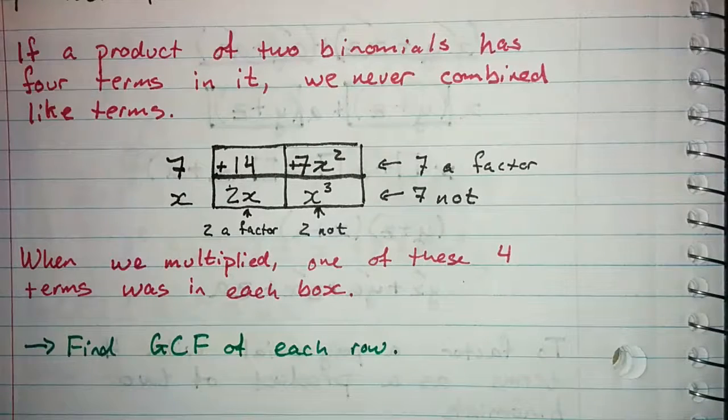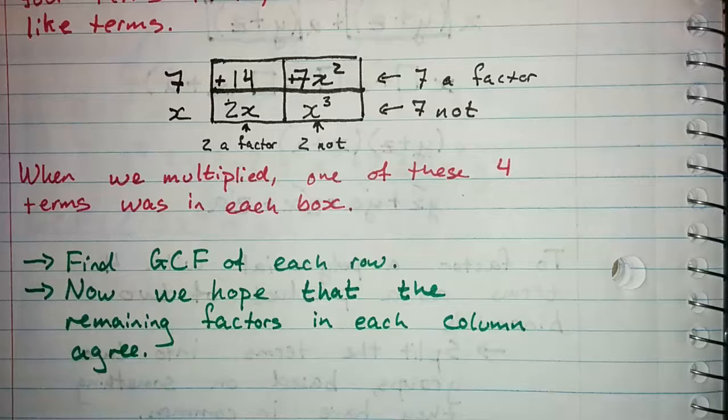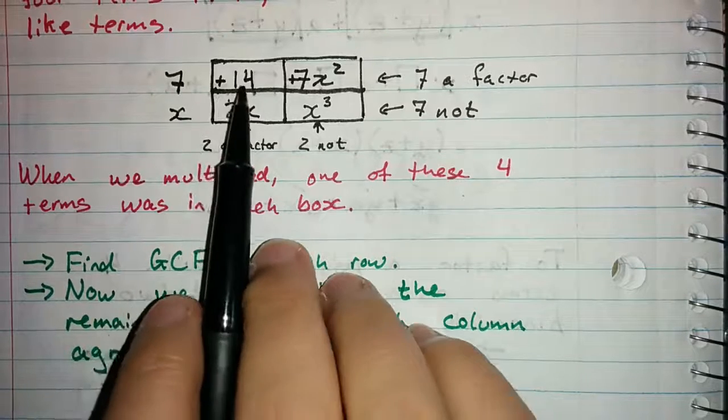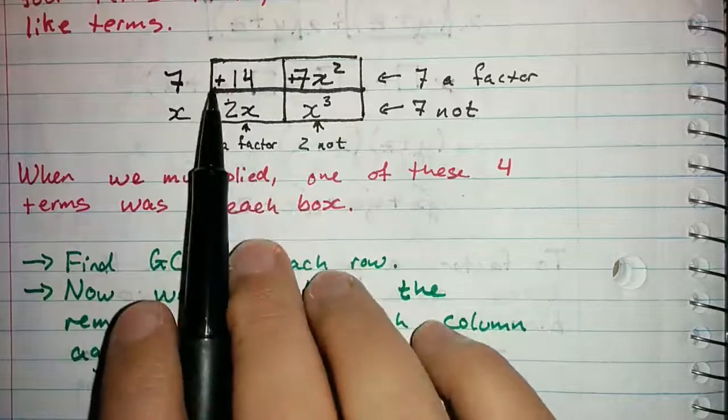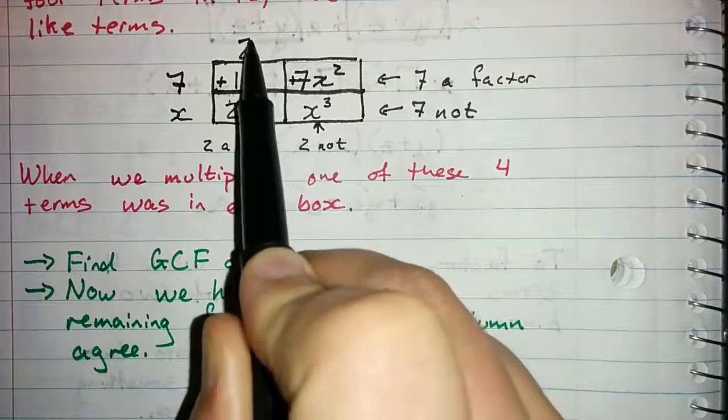Now, this is the point where it might not work. Yeah, we might have chosen the wrong way to group them. Now we hope that the remaining factors in each column agree. So let's see. In this column, what times 7 gives me 14? 2.